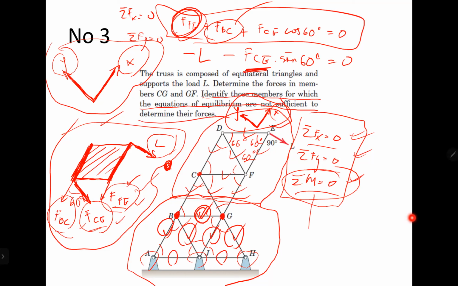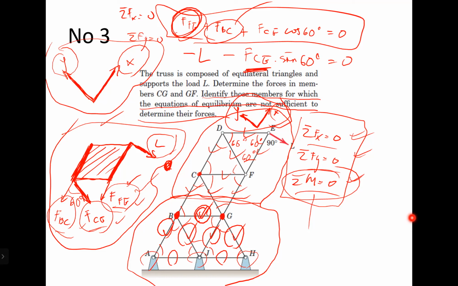I just want to know, for future reference, if the pin is in the middle of the truss, how do we draw the forces? The J pin? Oh, you mean the pin is in the middle of the truss. Okay.